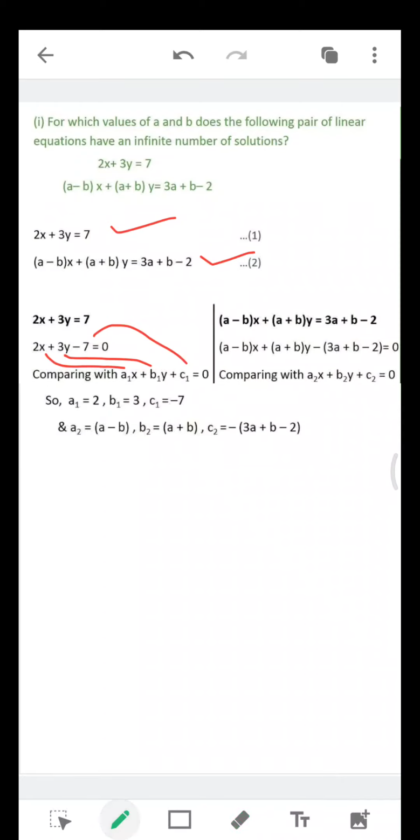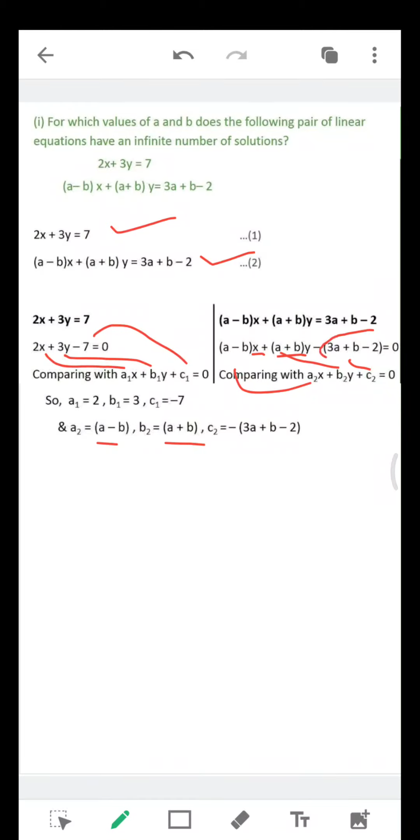Similarly in the other equation, the second equation is a2x plus b2y plus c2. So a2 is a minus b, b2 is the coefficient of y, that is a plus b, and c2 is the complete constant term.